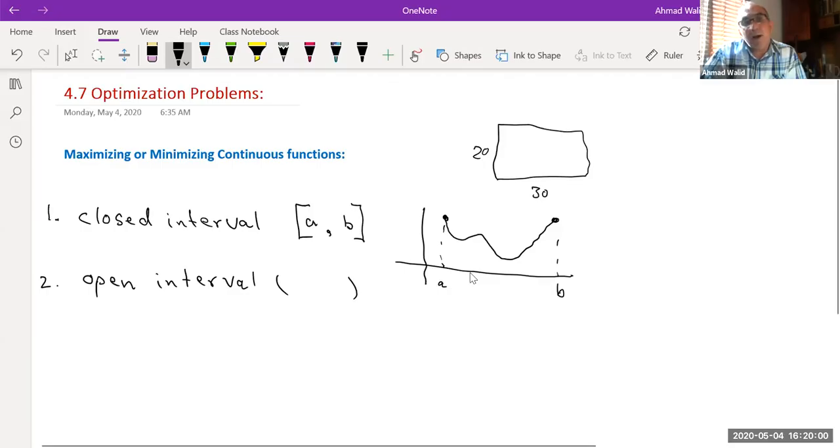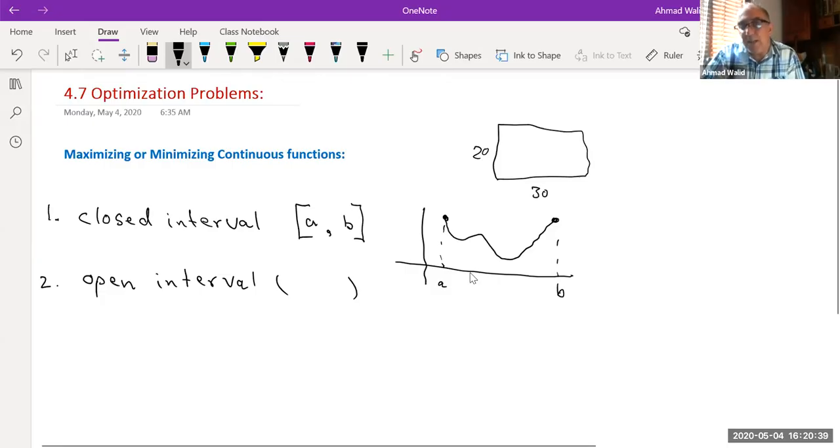When we talk about optimization, about maximizing or minimizing a function on a closed interval, you see, if you see this graph, this function definitely has an absolute max or an absolute min, because I'm dealing with a closed interval, correct? If you remember, I explained to you, when your interval is closed, you have an absolute max and also maybe an absolute min.